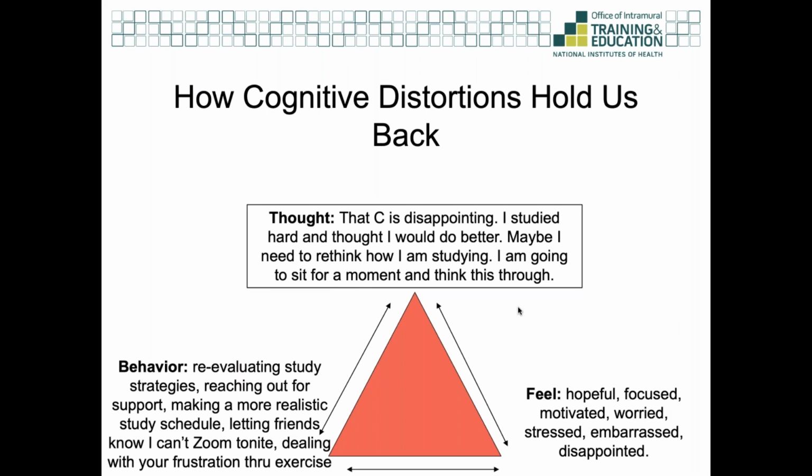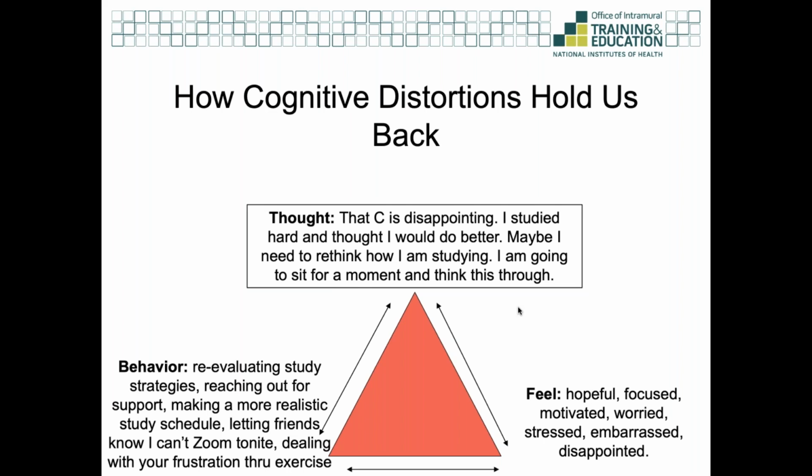Actually, I didn't get through everything till the night before, so now I have to rethink my study schedule for the next exams. Maybe we're going to actually text our friends and say, I just can't Zoom with you tonight. Or hopefully in the future, I can't come out with you tonight. I realize I'm behind. Maybe it leads to the behavior that we realize we still have all this stress, embarrassment, and disappointment.